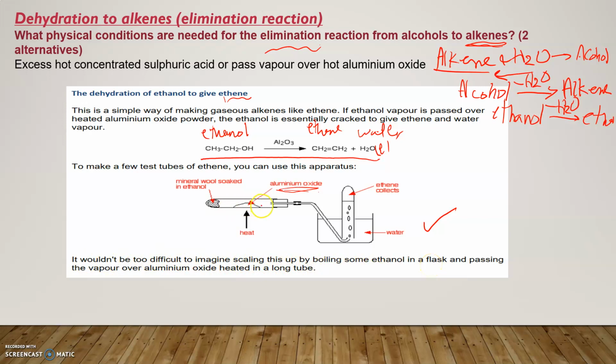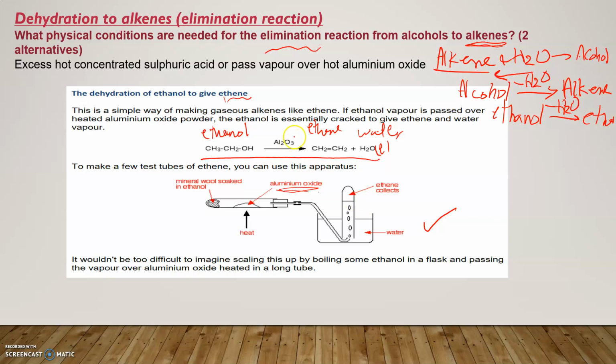So when you heat it, the vapor goes through that tube and is collected there. But why is it collected underwater? It's collected underwater because ethene does not dissolve in water. That's why it's separated. The water goes down and the gas goes up.